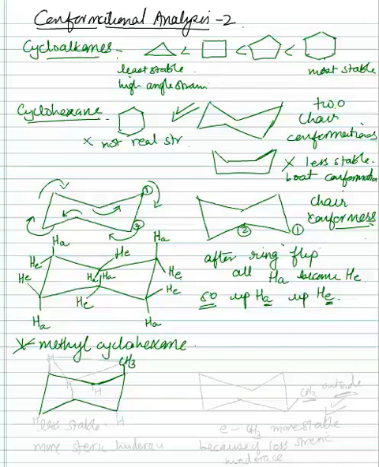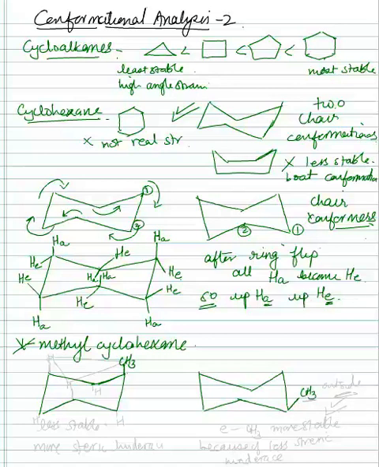My methyl group right now is in the axial position, and I will draw the other flip, and remember, in the other flip my axial is going to become the equatorial. So here is that and that. Now since this is axial going up, my equatorial methyl group also has to go up.